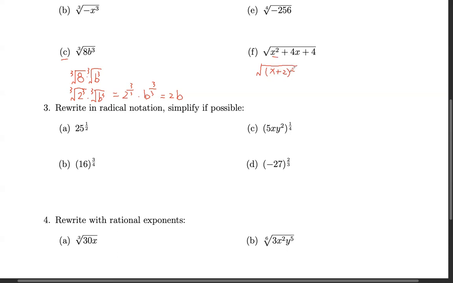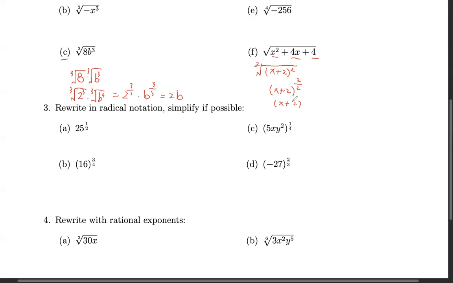The second one squared, 2 squared is 4, is this one. The middle term is 2 times x times 2, 2x times 2, 4x. So this is the square root, so we have (x plus 2) raised by 2 over 2. Well, this is x plus 2 raised by 1.